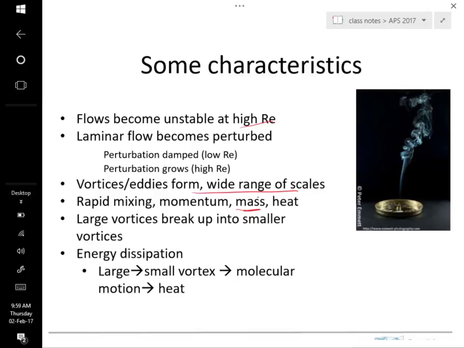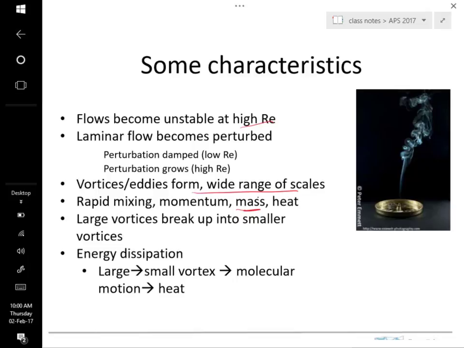So our concept of viscosity is really the thing that characterizes the energy dissipation at this molecular scale, from relative molecular motion. And that's how we dissipate energy under laminar conditions.